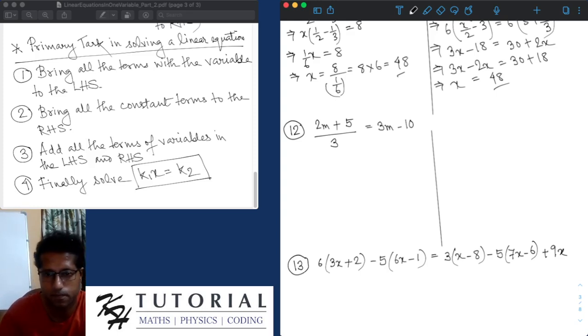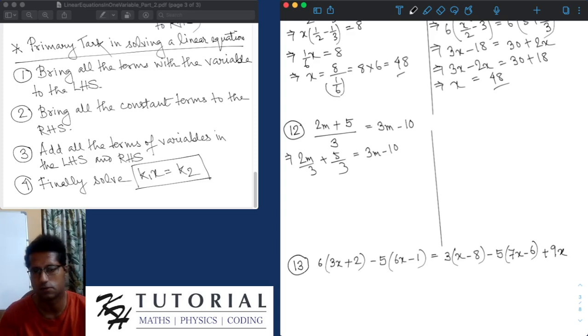So we know that this is nothing but 2m by 3 plus 5 by 3, and the RHS is 3m minus 10. This is what I was trying to say by you have to simplify some expressions. So 2m plus 5 by 3 is nothing but 2m by 3 plus 5 by 3. I hope you understood this.